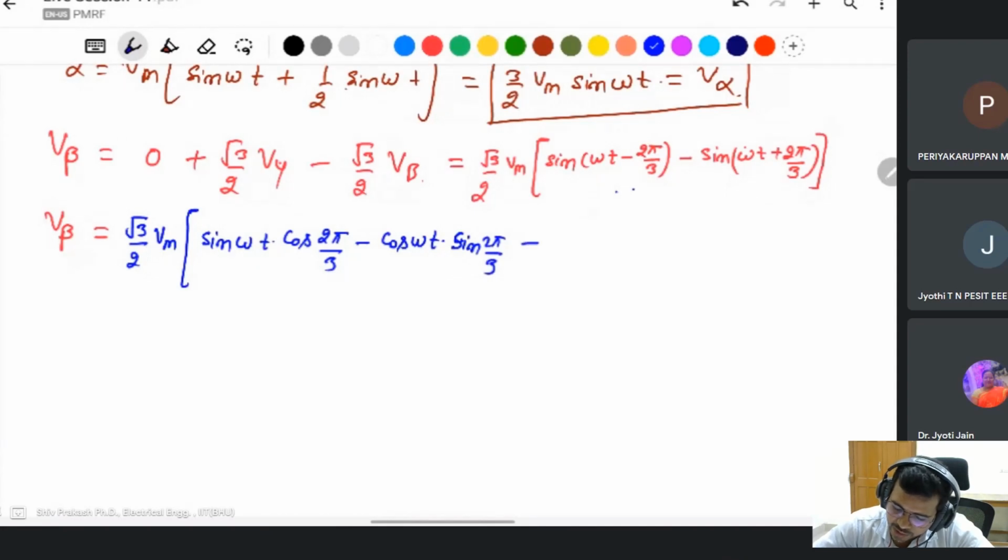This is also negative. Sin omega t into cos 2 pi by 3 is negative, and the formula is also negative. This will be negative, since the formula is positive and sine is positive. Cos omega t into sin 2 pi by 3.